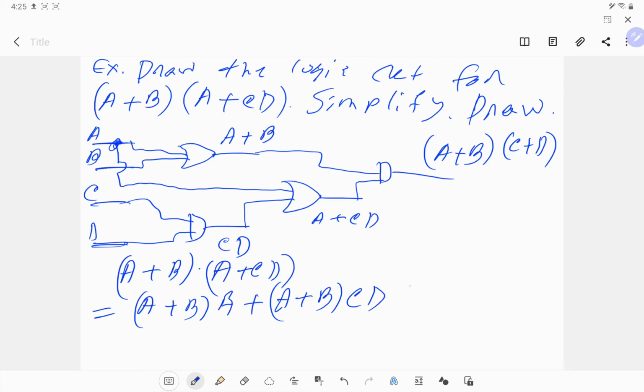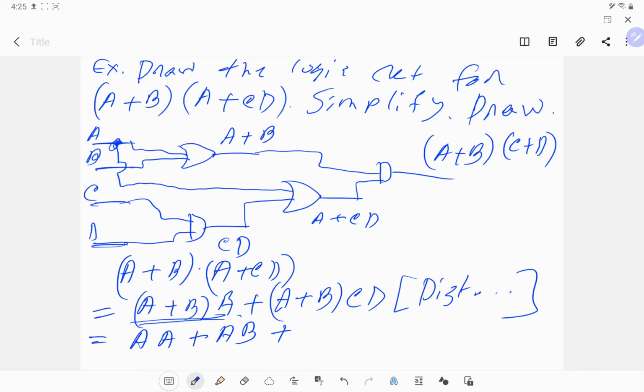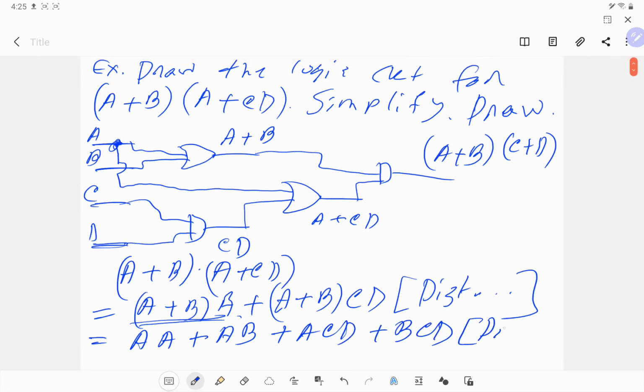Okay, so you need to mention that. Then we again use the distributive principle here. We have AA plus AB plus ACD plus BCD. So again the distributive principle, you need to mention that.